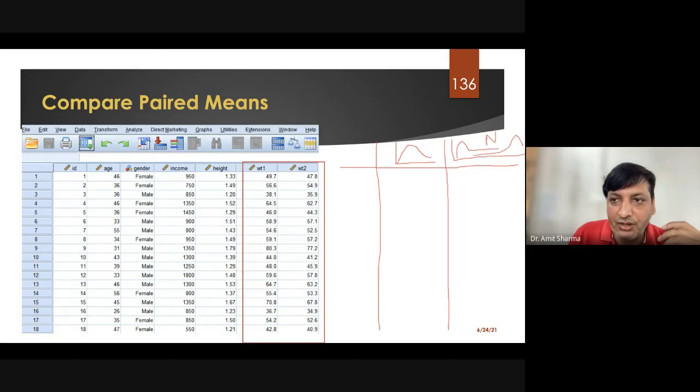This is not normally distributed data, and here data is normally distributed. If you have a one sample to compare, then the test is student t-test or one sample t-test. Student t-test and one sample t-test is the same. Clear? And for this we don't have any alternative.